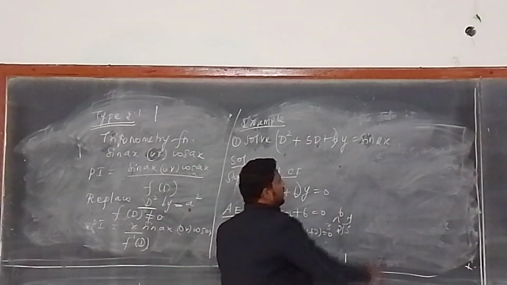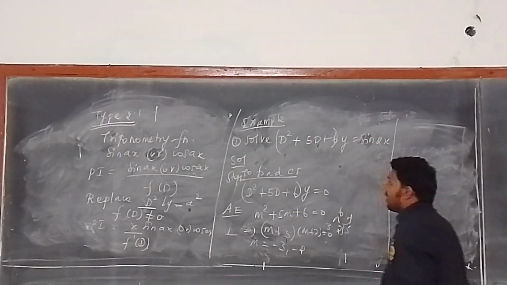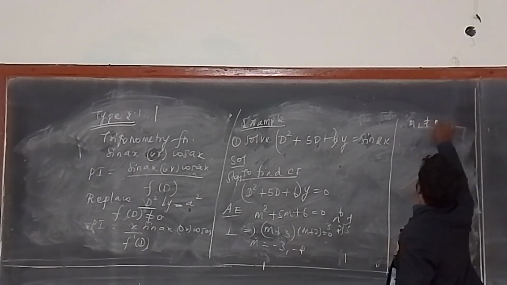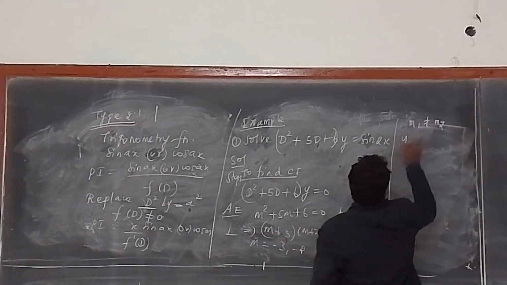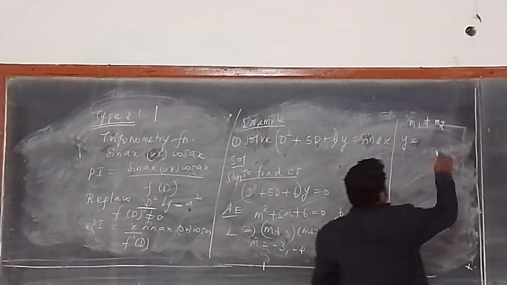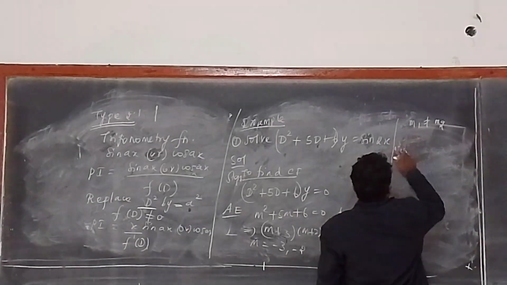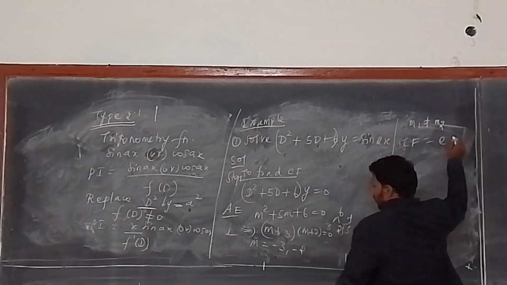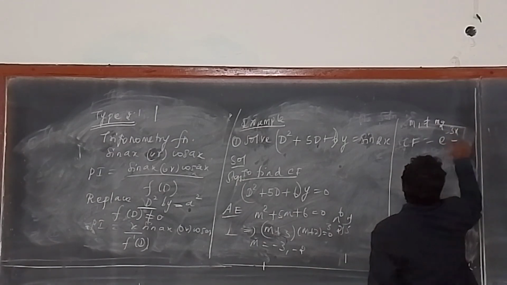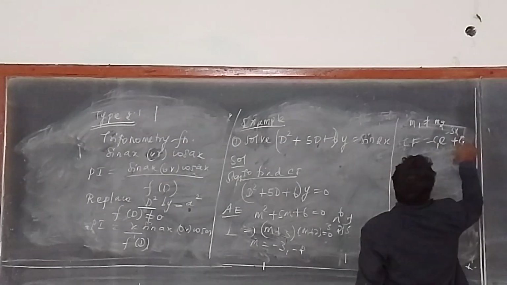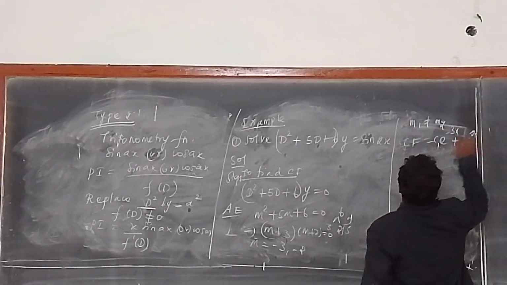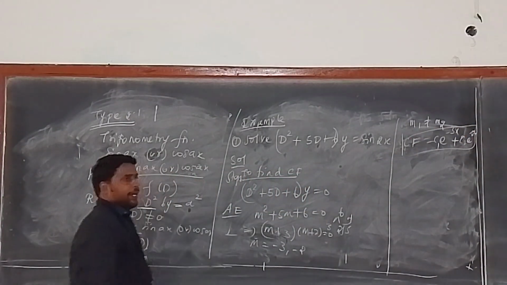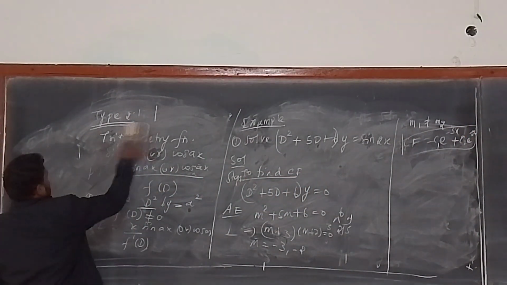The roots are real and distinct, m1 not equal to m2. So the complementary function is y equals c1 e to the power of minus 3x plus c2 e to the power of minus 2x. This is the complementary function.